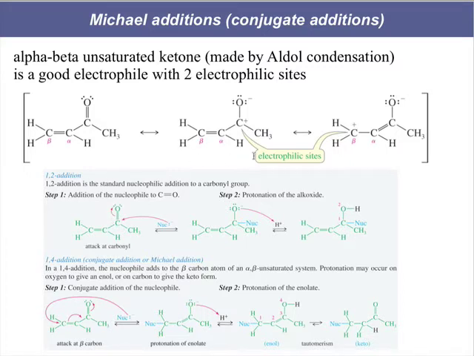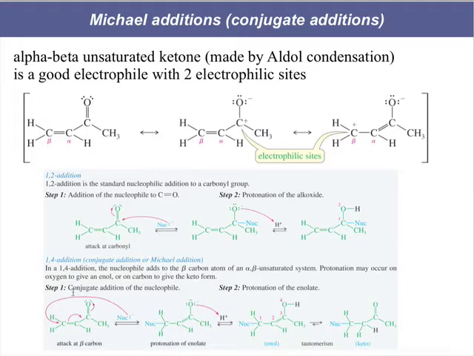If we add to the beta carbon, though, which remember we can do in the event that we start with an alpha beta unsaturated carbonyl, that we call 1,4 addition or conjugate addition, and this is specifically what we call Michael addition. So here our nucleophile adds not to the carbonyl carbon, but to the beta carbon.